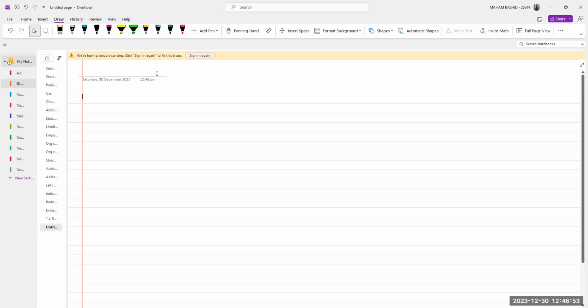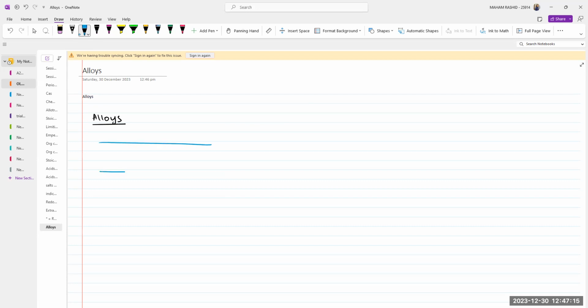Now this is a short topic, which is alloys. Now, what basically are alloys? Alloys are a mixture of metals. For example, I have a bar of maybe magnesium.